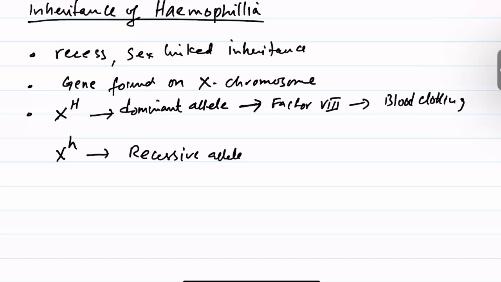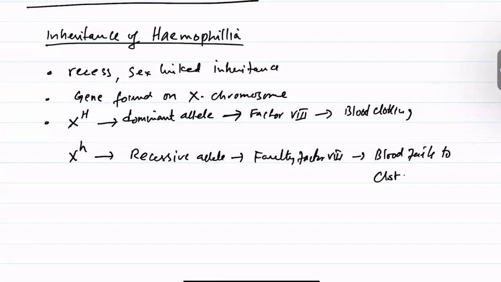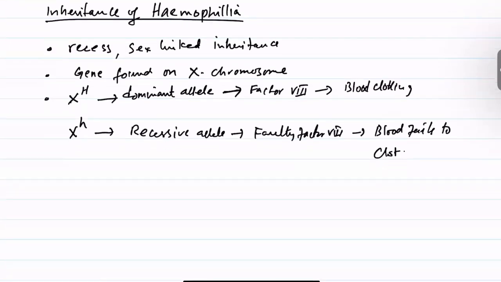Okay, so this recessive allele produces a faulty factor 8 protein, and so blood fails to clot. And as a consequence, a person dies due to excessive bleeding upon even minor injuries.